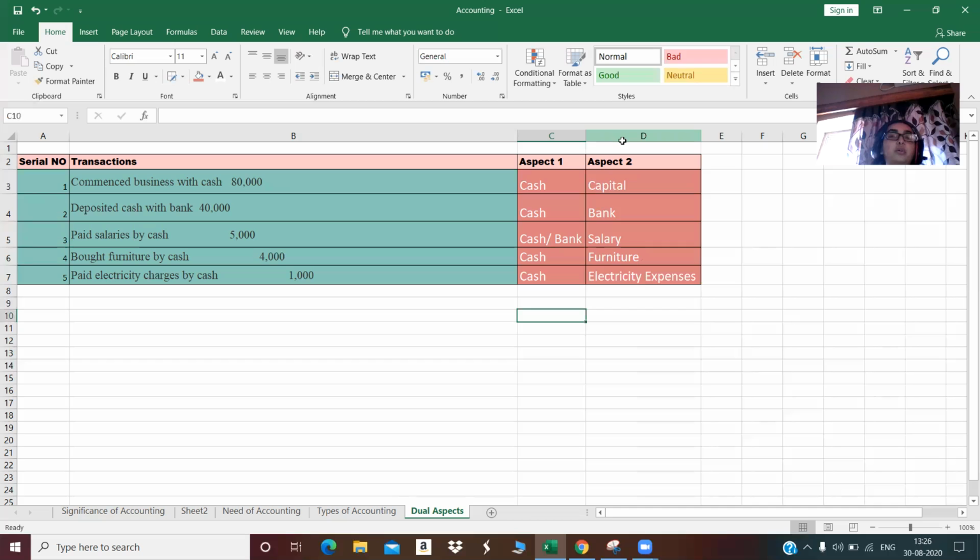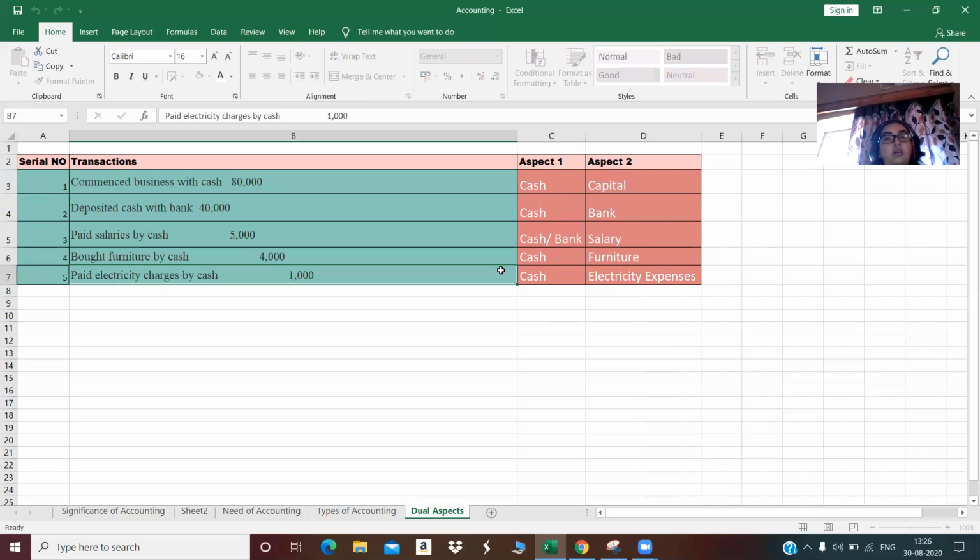That's the concept of double entry system. Regarding what would be debited and what would be credited, I will prepare another video, and that video will be shared with you all. However, in this video I'll cover only this much, means identifying the dual aspects. I hope this much is clear to you.